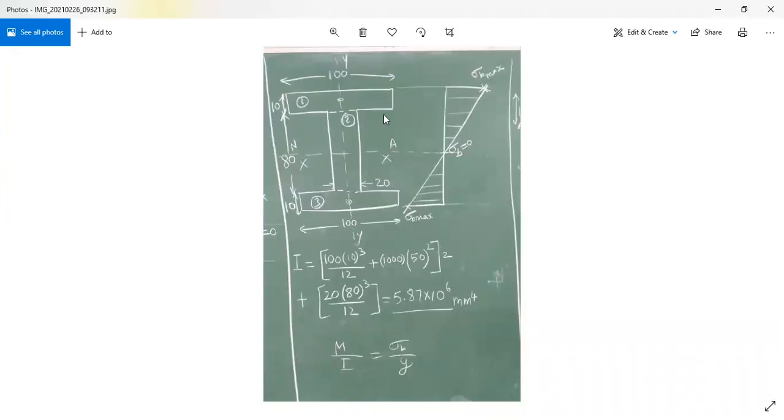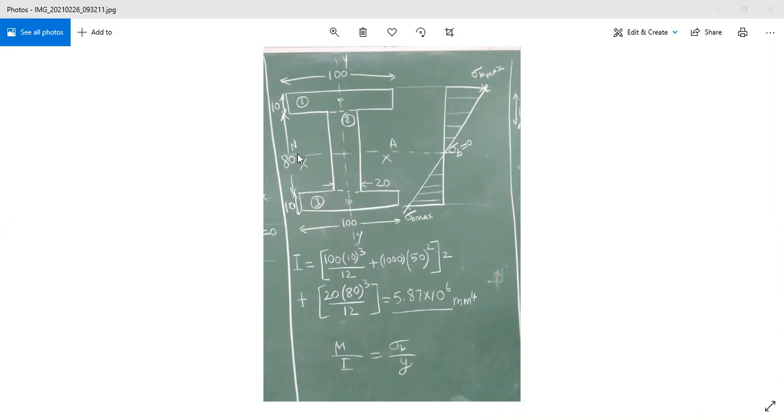Now, how to determine the value of I for this I section? You might have studied this in engineering mechanics itself. So here let me explain how I have calculated this I value. That is bd cube by 12, 100 into 10 cube by 12, plus area of this, 100 into 10, into distance square.